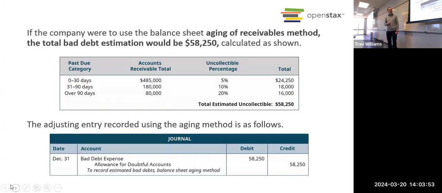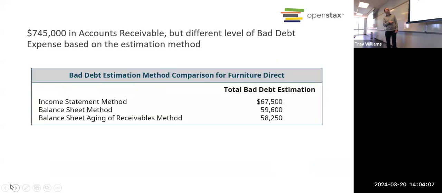If we're using the aging method, we total up how much we think is uncollectible in each of these categories. And again, the journal entry looks the same. Just the amount would be different. And what does this say? Oh, this is just comparing the three options.